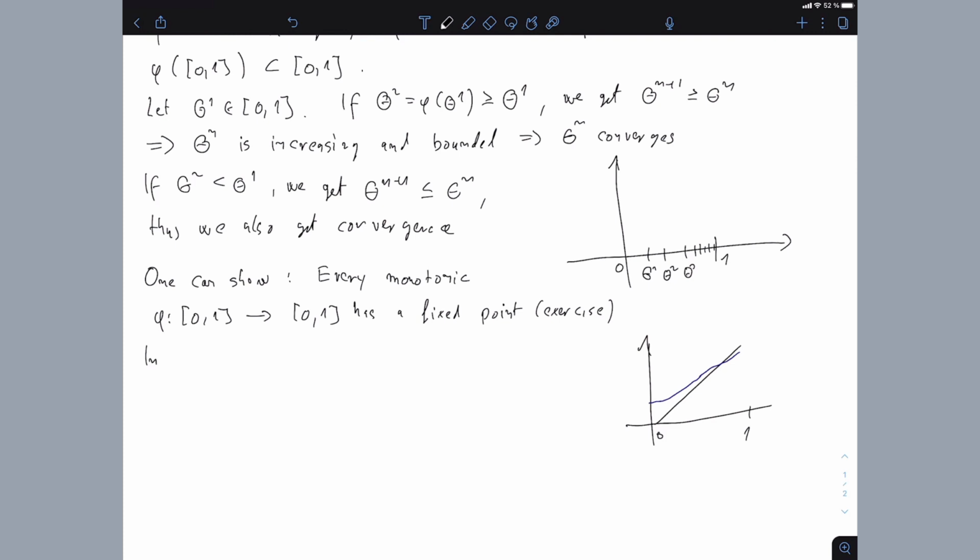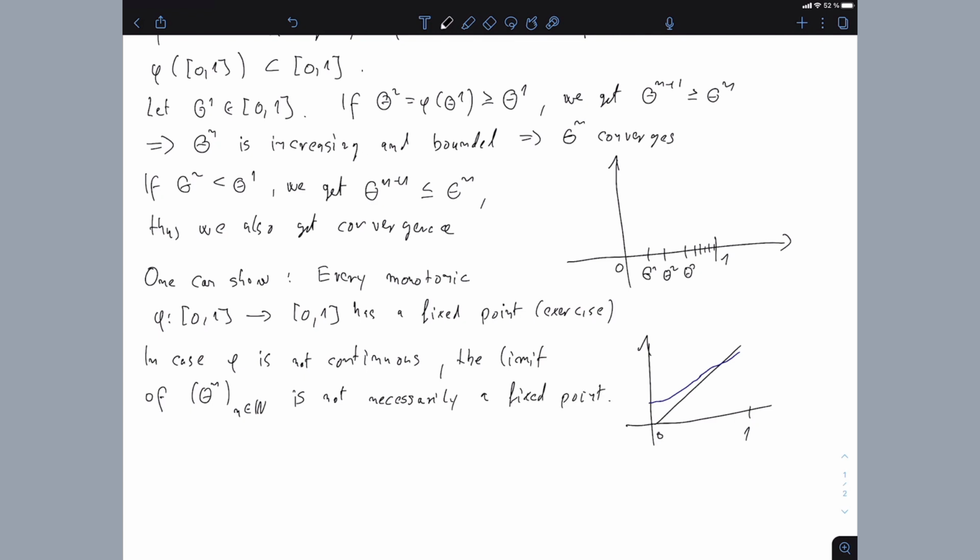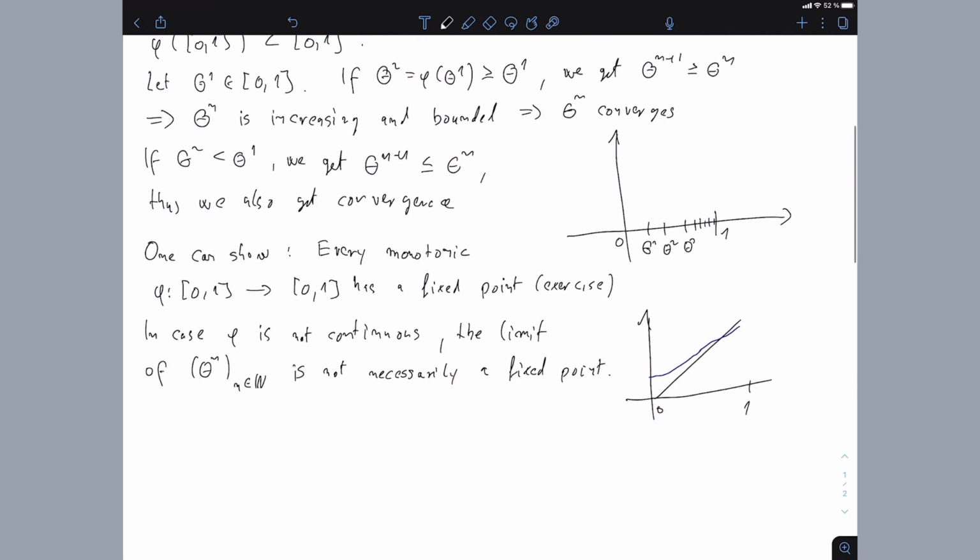If it's not continuous, it does not have to be. Yeah, that's some case where we don't have guarantees, but at least we always know that we will converge to something that we can use.